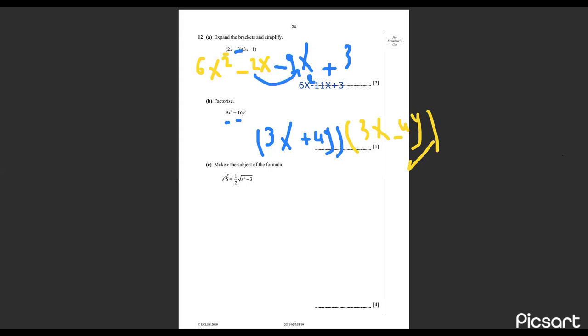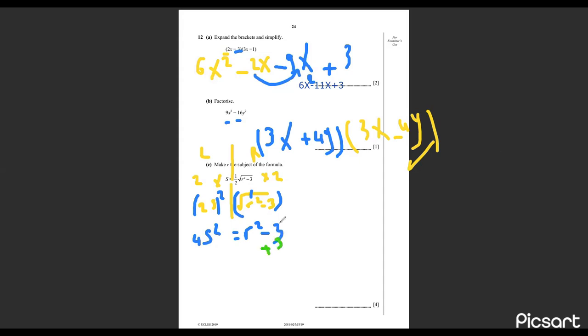Make r the subject here. First of all, multiply by 2. As we do on the left, we do on the right, and the equal sign separates the left from the right. So here we have 2s, and here we have the root of r squared minus 3. So let's square all of this, just to remove the root. So here r squared minus 3, and 2s squared will be 4s squared. We need to make r the subject, so we add 3 to both sides just to kick out the 3 here.